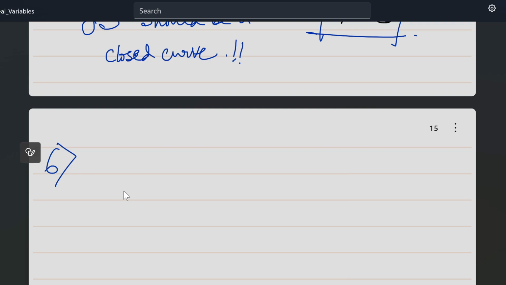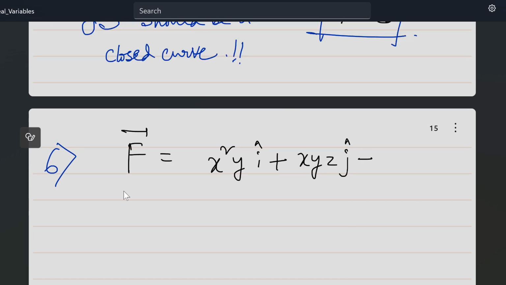Okay, so F is suppose x square y i plus x y z j minus x square y square k. So what is divergence of F?